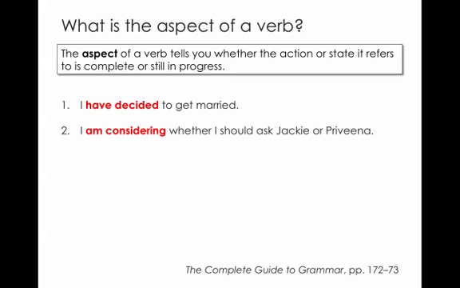I have already decided, I've finished deciding. In the second sentence, I am considering whether I should ask Jackie or Pravina. The action is considering and it's still in progress. I haven't finished considering, I haven't made up my mind.